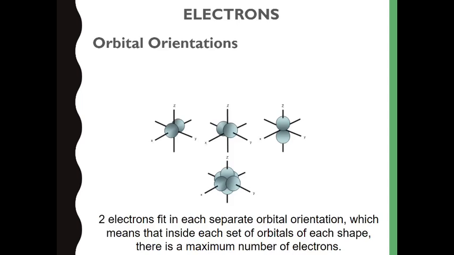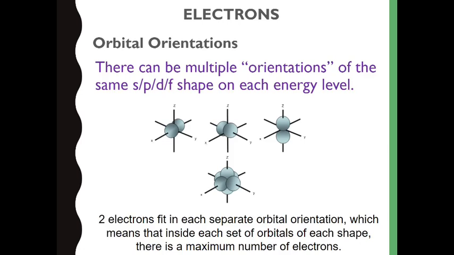Now, each different shaped orbital might have multiple different orientations. I'm showing you a few different p orbitals, and there can be multiple orientations of the same shape on each energy level, and they actually overlap to form this kind of cloud-like shape. So we have what we call the px orbital is all oriented on the x-axis, the py orbital on the y-axis, then this vertical p.